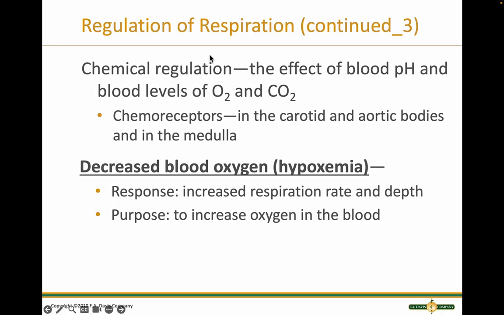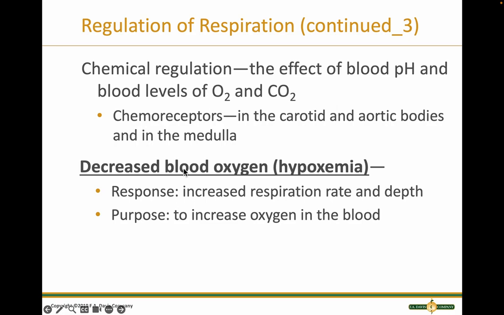And then chemical regulation, which we'll come back to at the very end, is the effect of blood pH and the blood levels of oxygen and carbon dioxide. So remember, blood pH, acidosis, and alkalosis have an effect on your breathing, as well as your levels of oxygen and carbon dioxide.